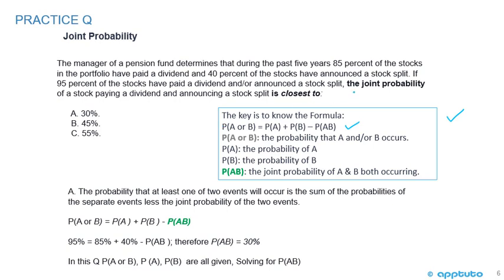So in this case, you read the question carefully. Always go to that last sentence and see what they're asking for. They're asking for the joint probability, so I highlighted that in bold green for you here. So you can see, write out the formula, and then you know that you're solving for the x, you're solving for the joint probability, and go back and find the other variables in the question.